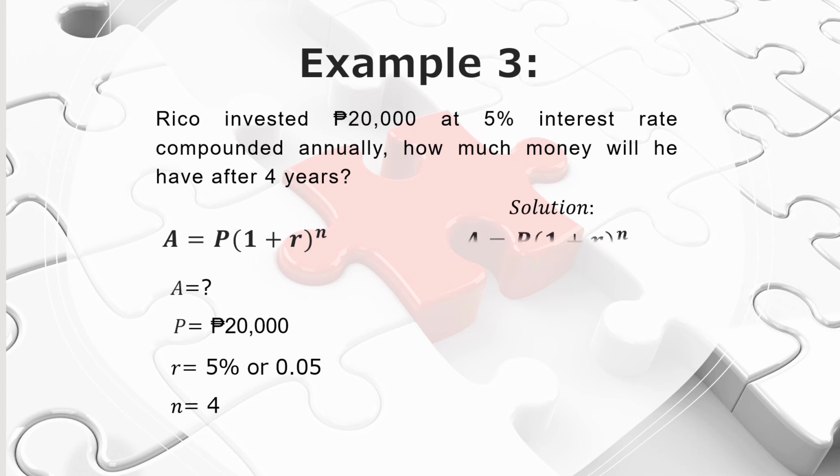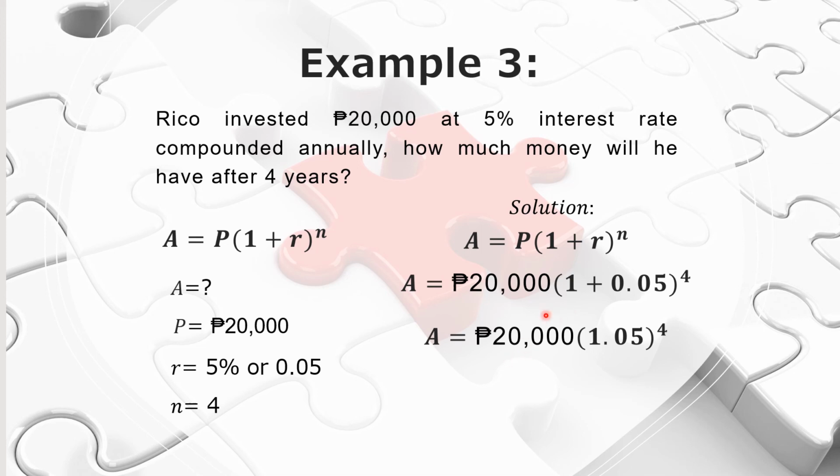Solution. Then write the formula. Then substitute. P is 20,000 pesos. r is 0.05. n is 4. Then, yung unang gagawin natin dito is yung naka-parenthesis is yung pagpa-plus natin. So, ang answer doon is 1.05. So, next na gagawin dito is 1.05 raised to 4 times 20,000 pesos.